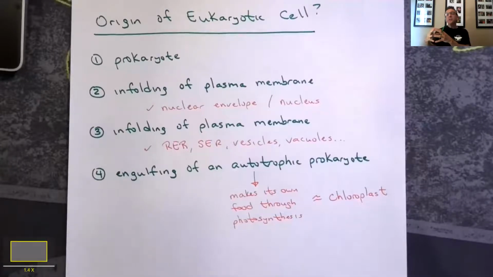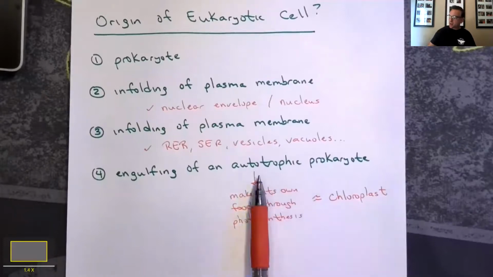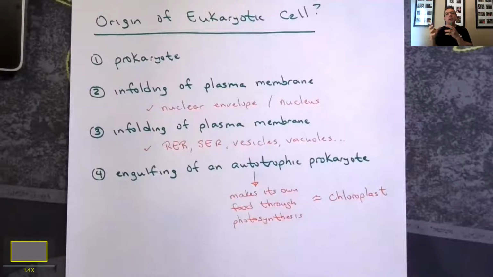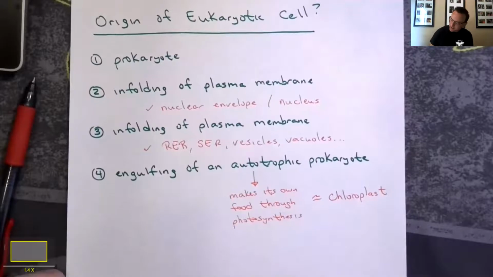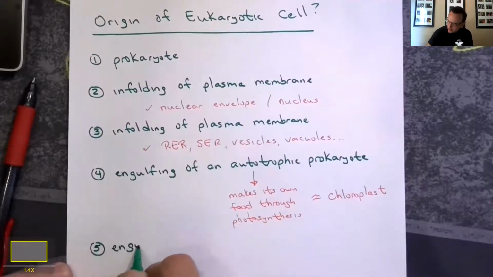They reproduce separate from the larger cell they now live inside of. Okay? So chloroplasts came from an autotrophic prokaryote that was taken in and then functioned through symbiosis, thus the endosymbiotic theory.